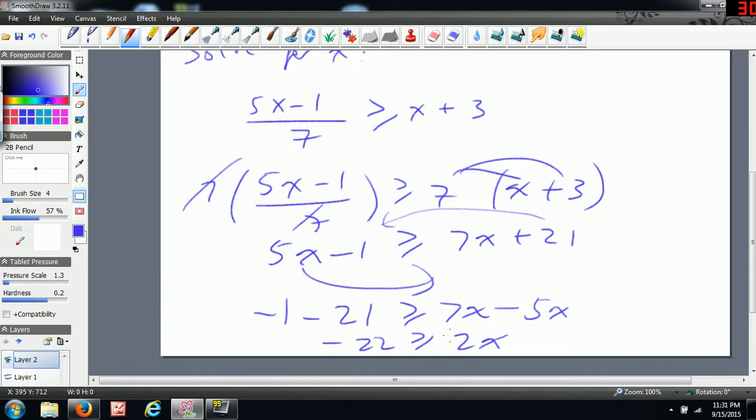Okay, and then if we divide both sides of the equation by positive 2, we get negative 11 is greater than or equal to x. So that would be our answer. Okay, so solving just like a regular equation. However, instead of an equal sign, you've got an inequality.